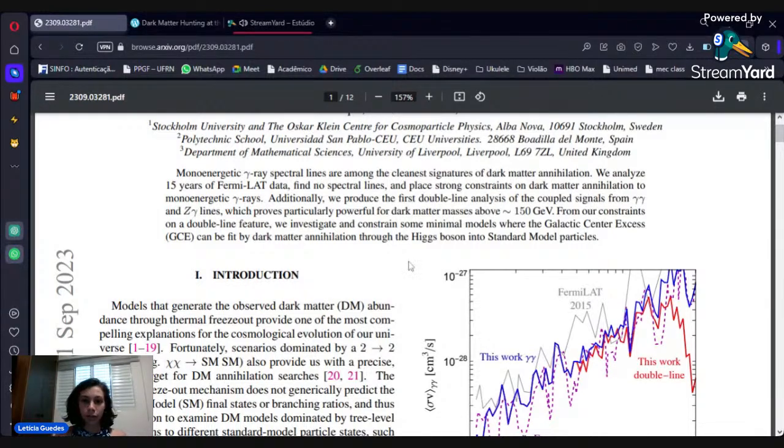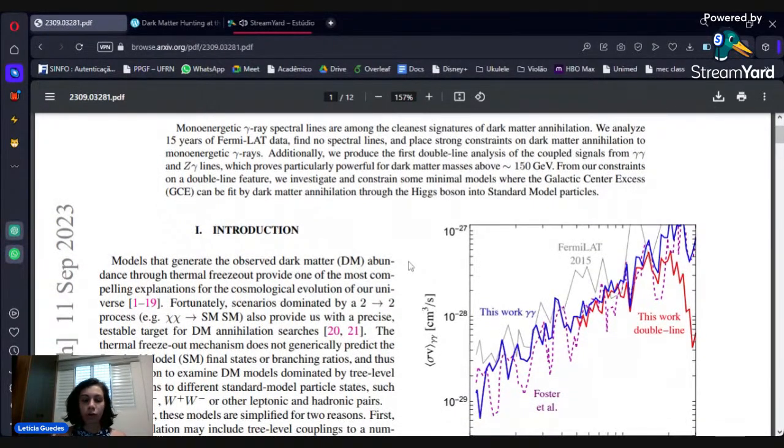In this case, we are looking for gamma ray signals. So we suggest a model of two particles of dark matter producing gamma rays, and we are looking for these gamma rays that produce a specific signal different from the background. And if we see this specific signal, we can trace back and conclude that it was produced by dark matter. So that's why it's indirect detection.